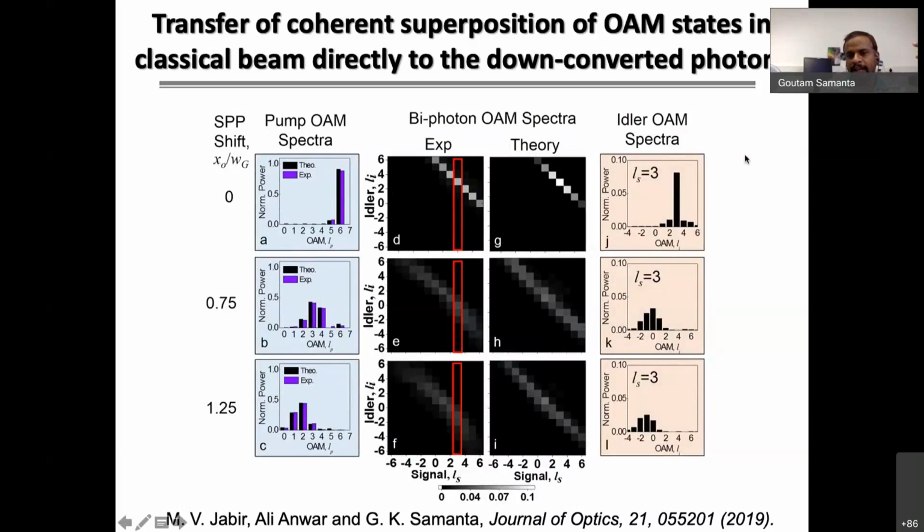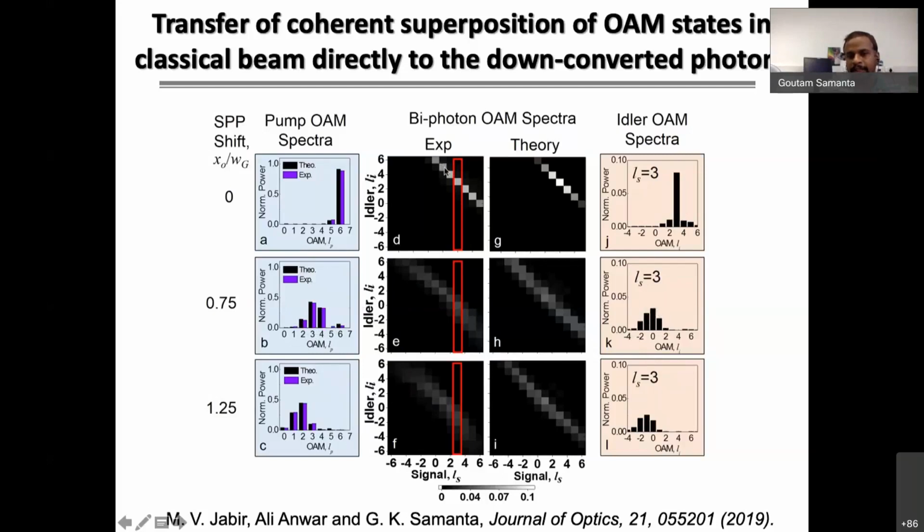You can see the idler mode is almost some value, because 4 is there, and some pattern is there. But if you keep on increasing the asymmetry in this one beam, where the signal is carrying different OAM modes and the pump is carrying OAM modes, then you can see that the partner photon is having a spectrum.